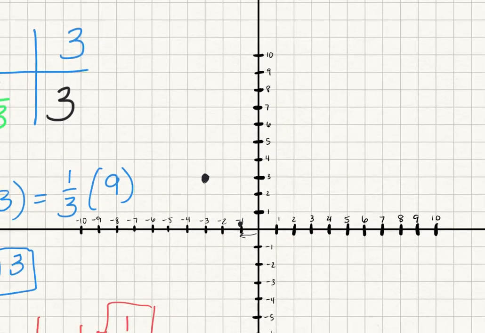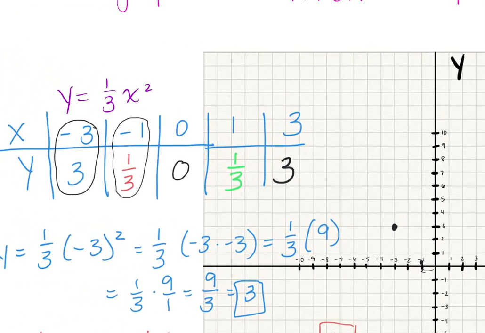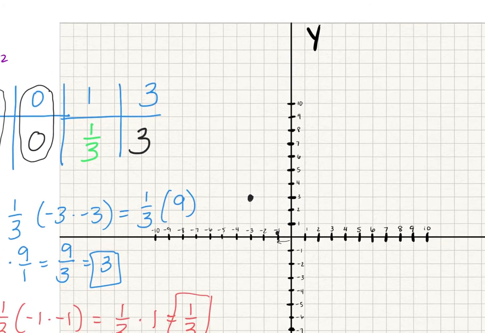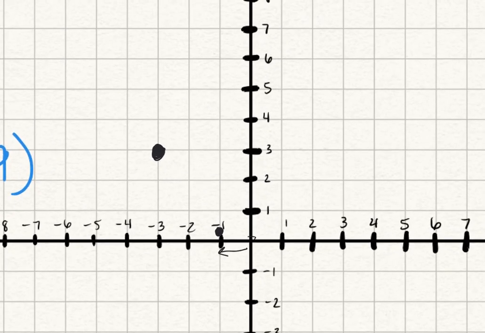Our next point is at x equals 0, y equals 0. That is the origin, 0, 0, right in the middle of our graph. Let me do these points in red so we can see them.